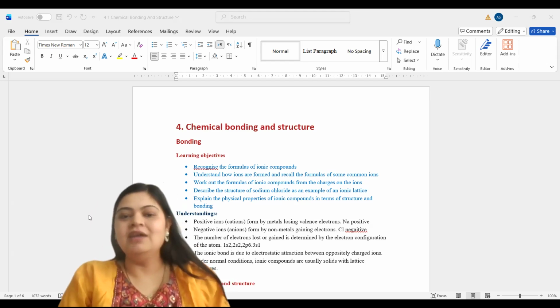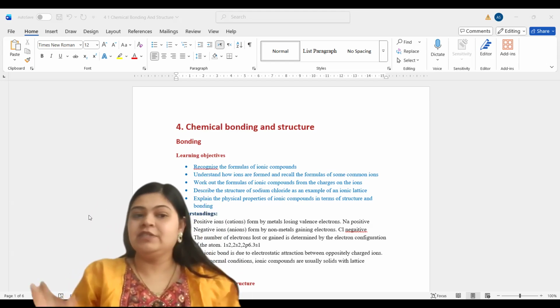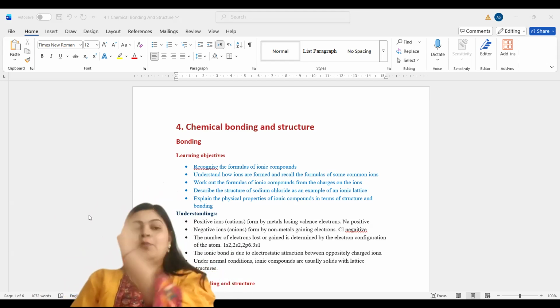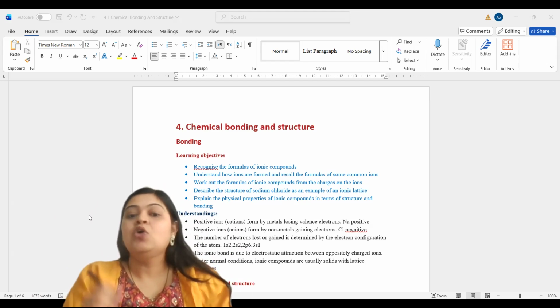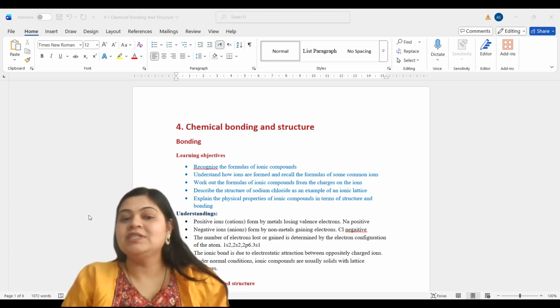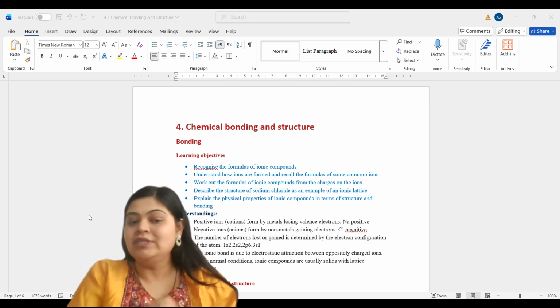Here we start with our learning objectives. Point number one is to recognize the formulas of ionic compounds.